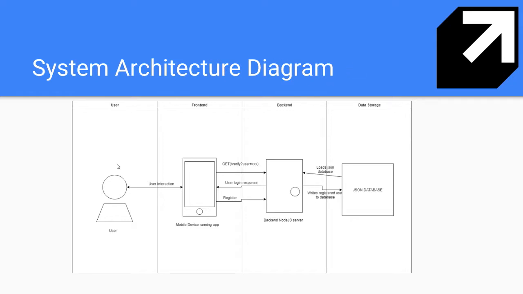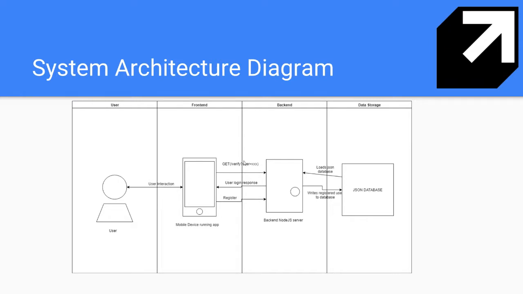So the user interacts with their mobile device, their mobile phone in this case, and the mobile device does most of the work on its own. It does get a bit of stuff from the backend server, so it has to get data to verify users.